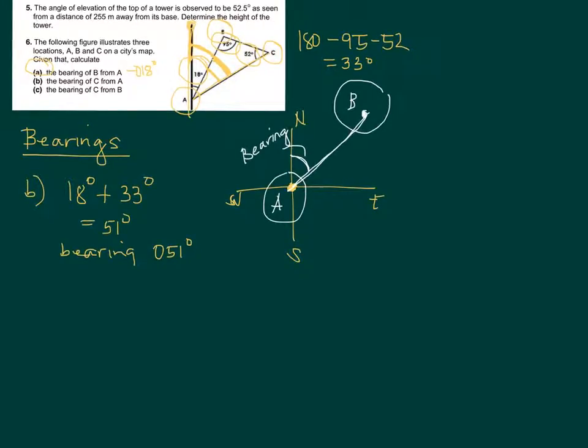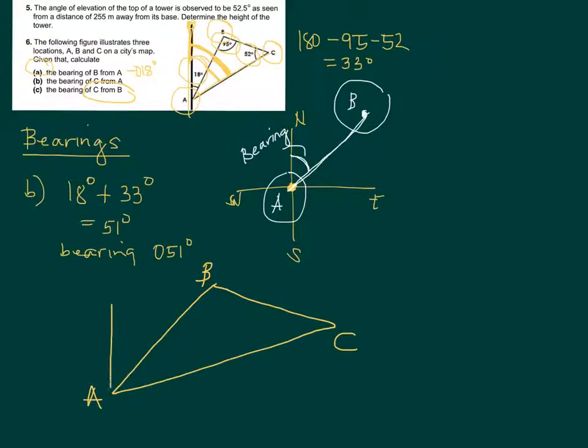Then finally, if we want to compute for the bearing of C from B, this time the point of reference is no longer A, but it's now B. Now, for you to easily understand the explanation, let's recreate the triangle ABC. So this is B, this is C, and this is A. There are already things that we know.